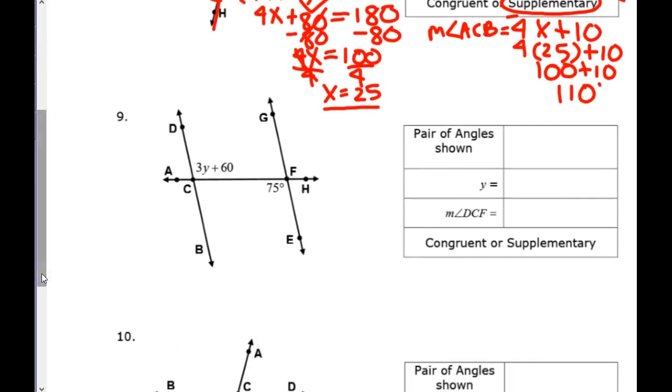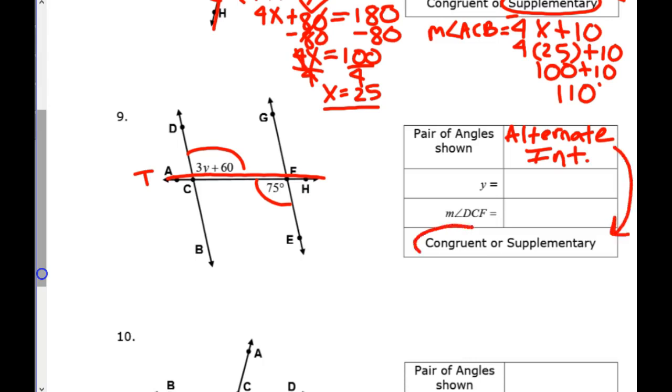Down here. Here's my transversal. They're on alternate sides, and they're in between the parallels, so that's alternate interior. Okay, which means alternate interior are congruent. Alts are congruent.